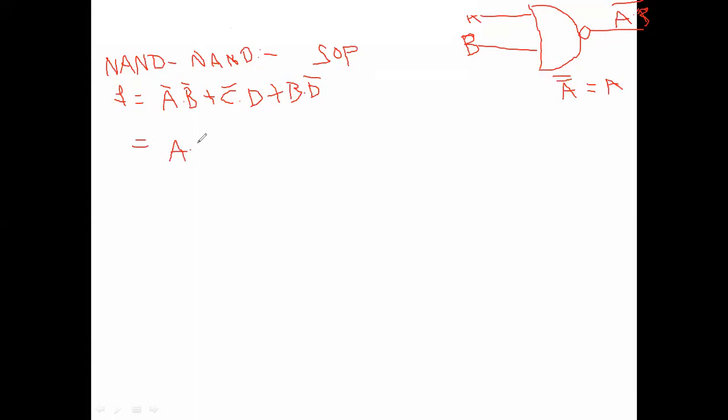So F equals A bar dot B bar plus C bar dot D plus B dot D bar, with two complements applied, complement and complement.